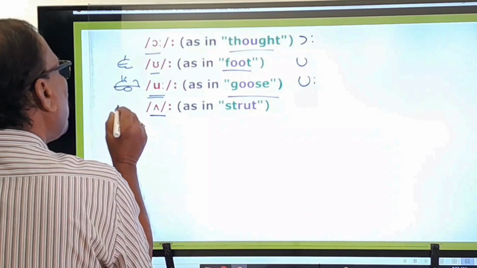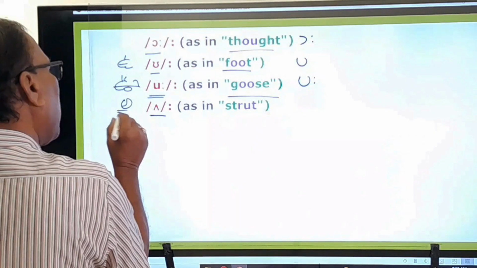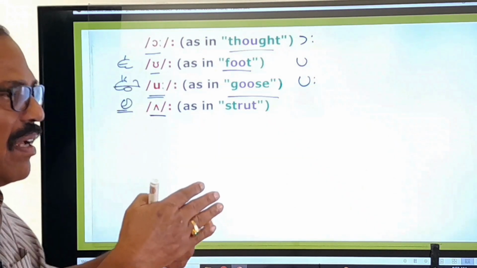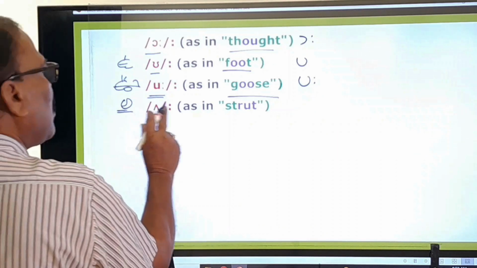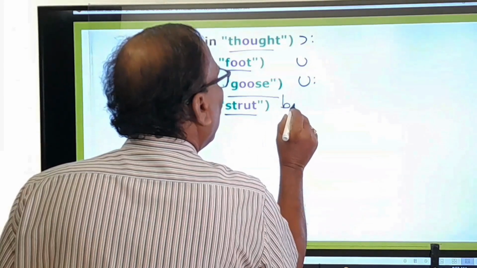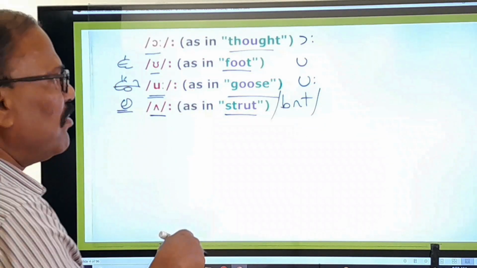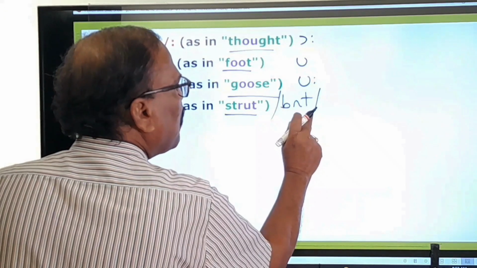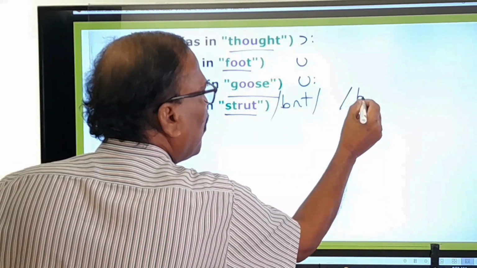And here you pay attention. This is the short, sudden ah sound. There are different ah sounds in the vowels. Here, this is as in strut, but. Whenever you write this, it is called phonetic transcription, and you must use the slash marks, like this.